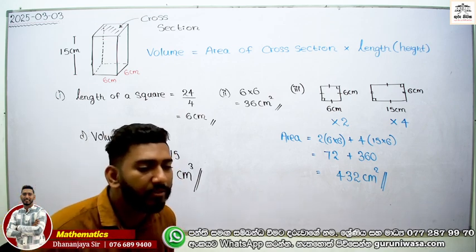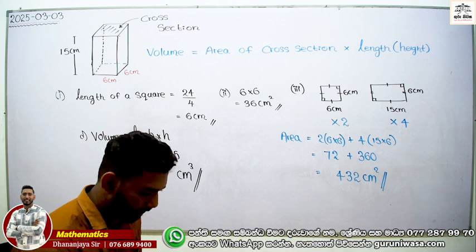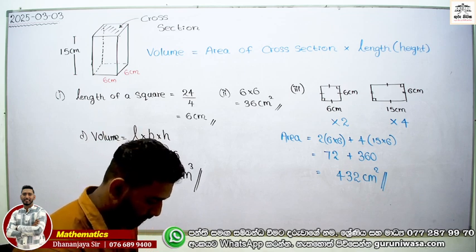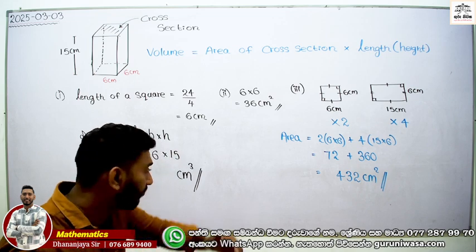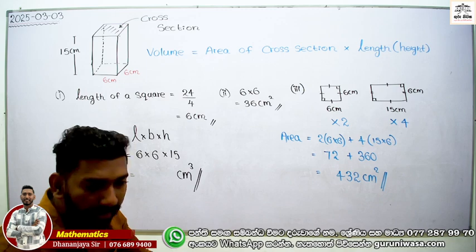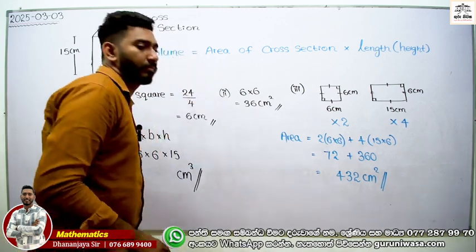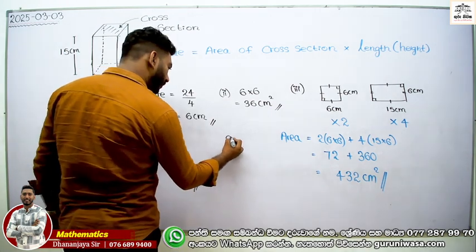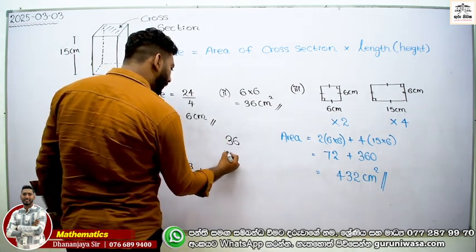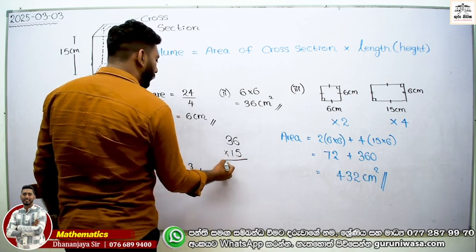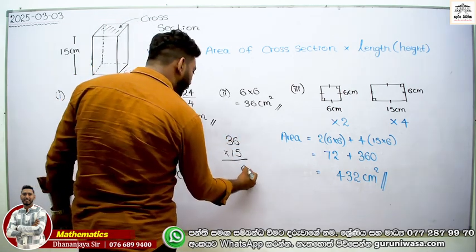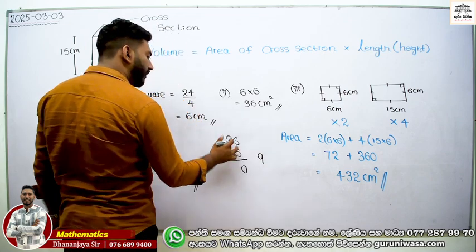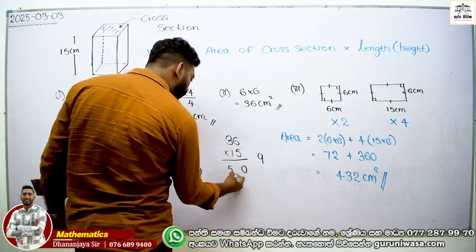Then answer becomes 540. බලමු check කරලා. 6 times 6 is 36. 36 multiplied by 15. 15 times 6 is a 90. 9 remainders. 15 times 3, 45. 9 is a 54.